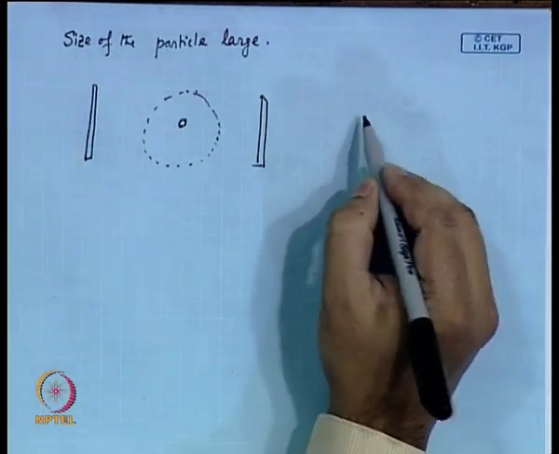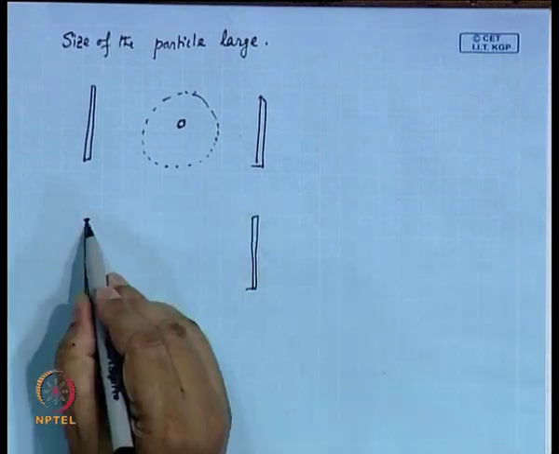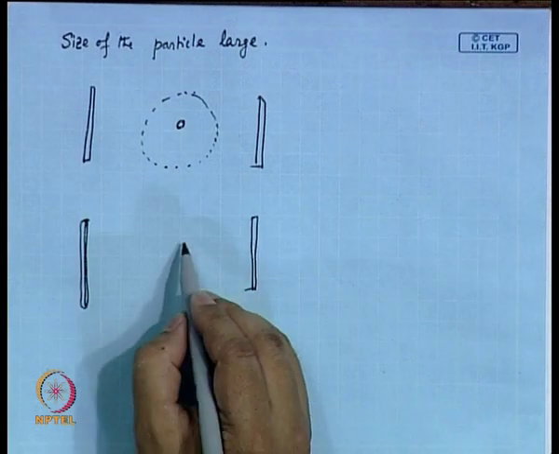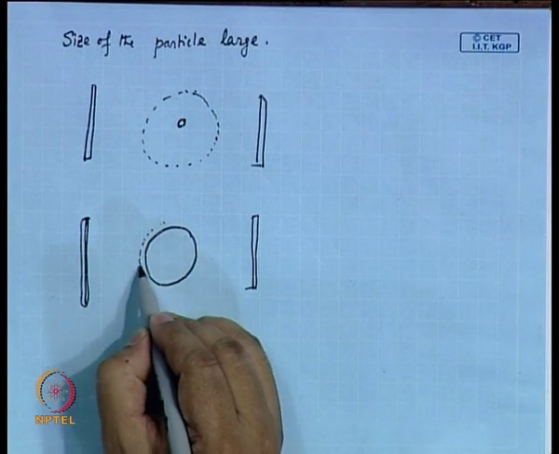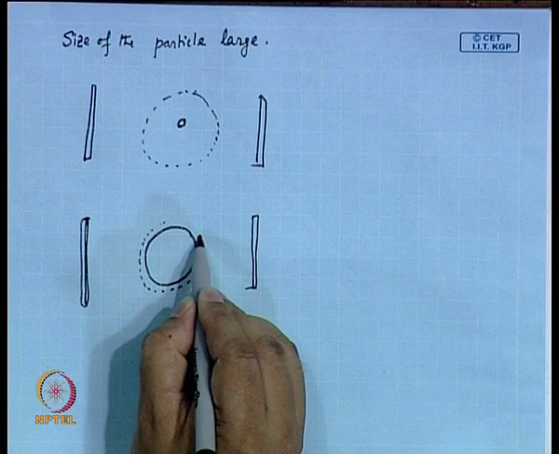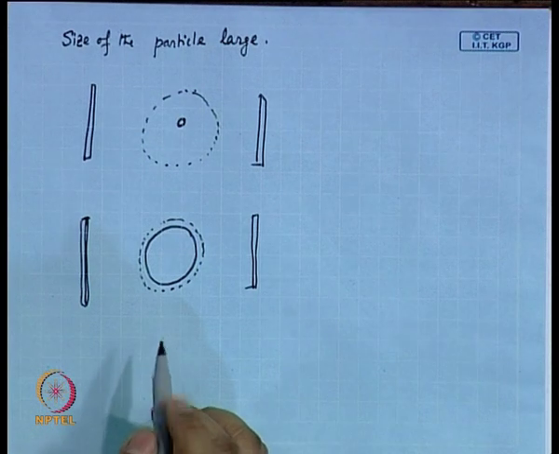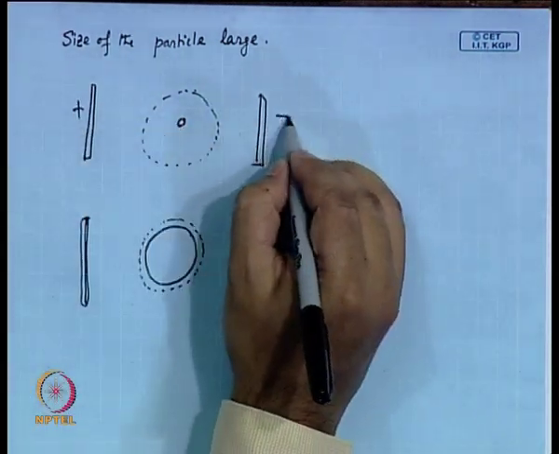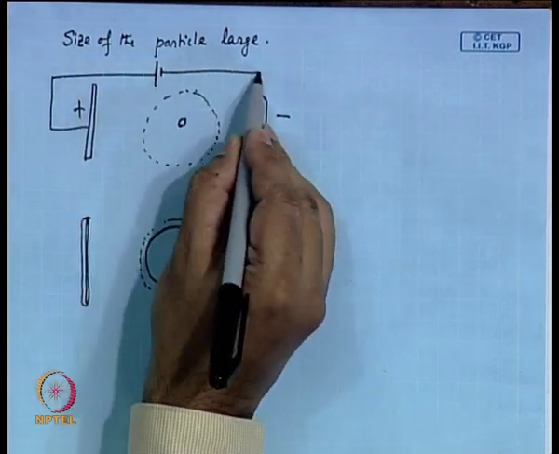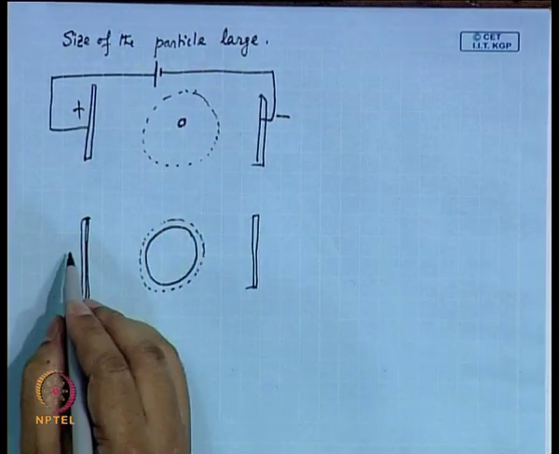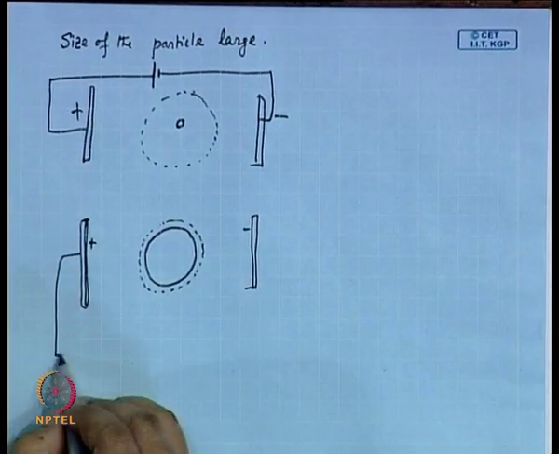That can be one case, and the other case could be you have a set of electrodes and a large particle, and the Debye length correspondingly is smaller. Okay. So, there are two such situations possible. Here it is plus, here it is minus, and you have connected these. And here also this is plus and this is minus, and you have connected this.